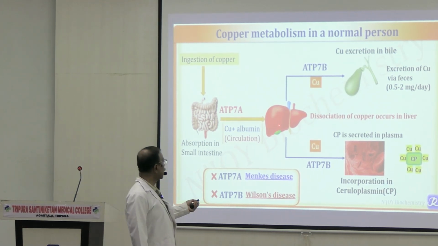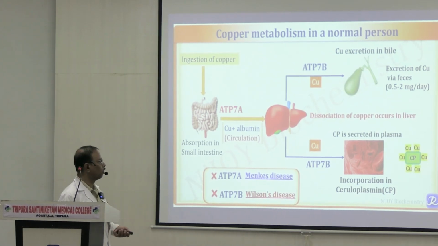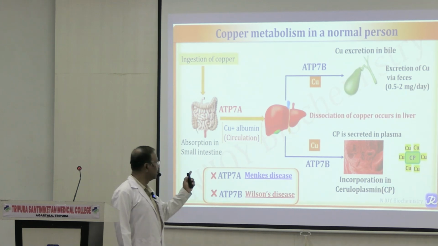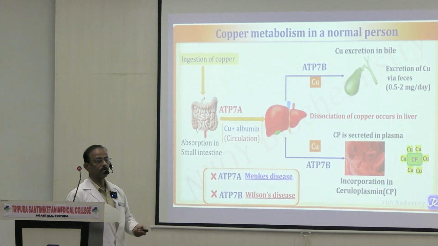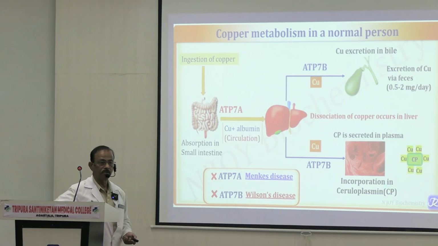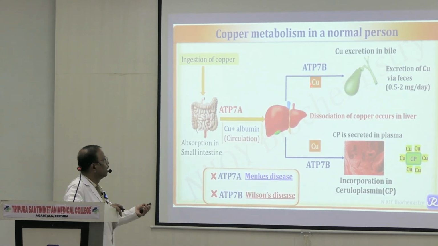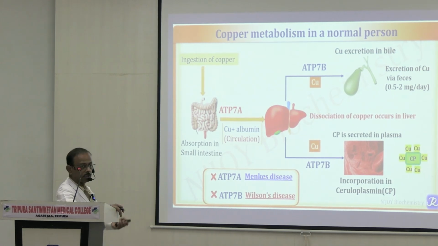Then it is taken up by the hepatocyte. There dissociation of copper occurs and it is released from the hepatocyte through another copper binding ATPase, encoded by the gene ATP7B. This is ATP7A, this is ATP7B.